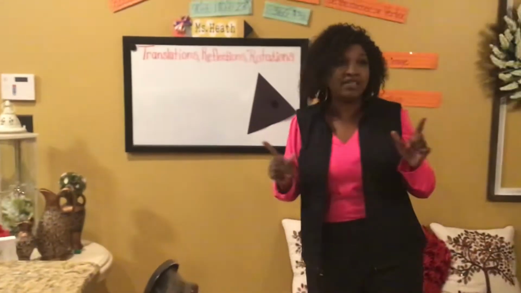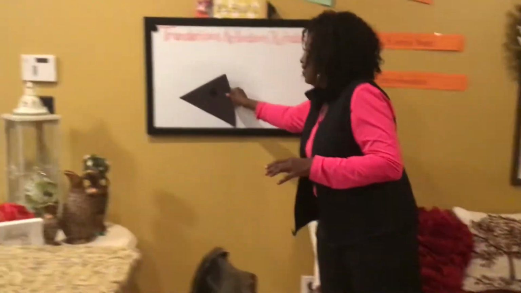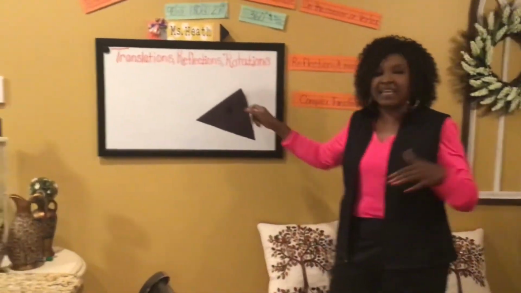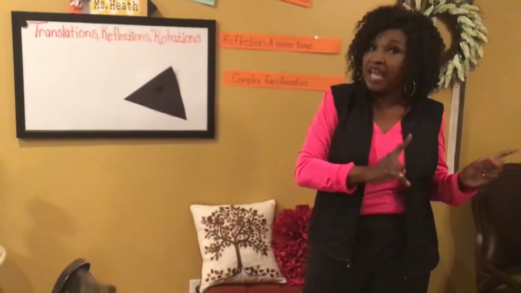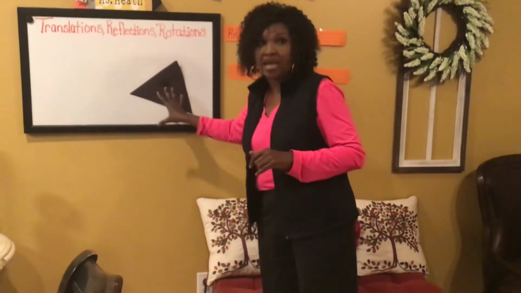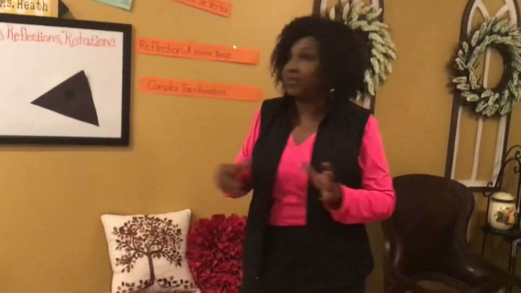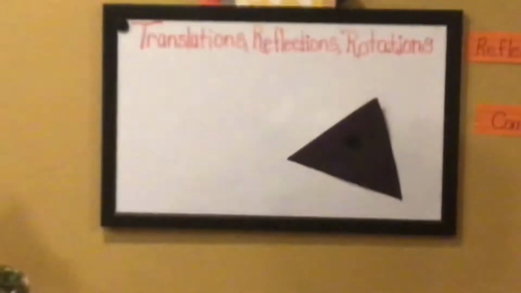When I translate, I can move it up, down, left, right, I can even loopy-loop it if I want to. So I'm not changing how that shape looks at all. Notice that nothing changed about the look of the shape. The only thing that changed is the position, but the look stays the same. Now you should understand what translations are.